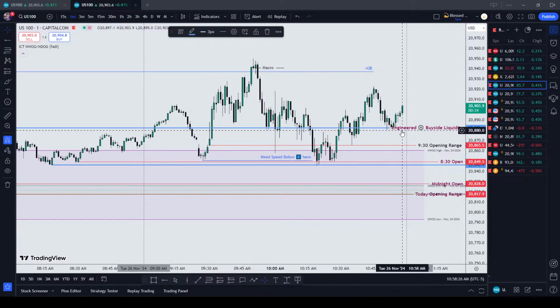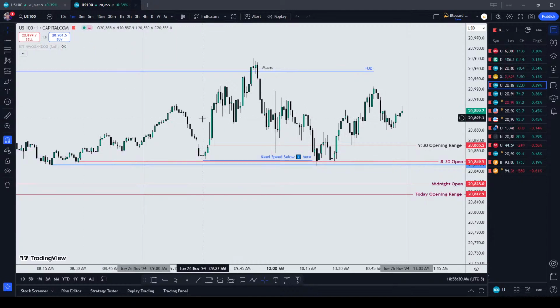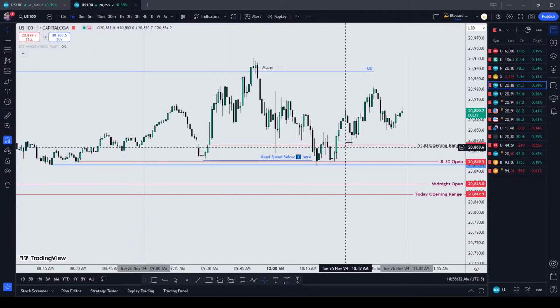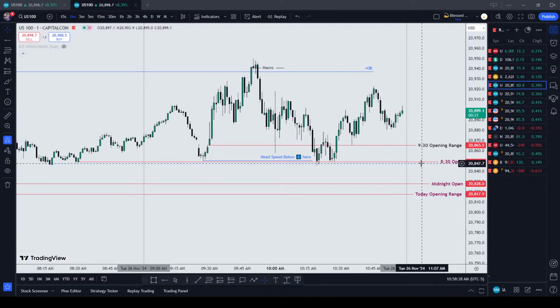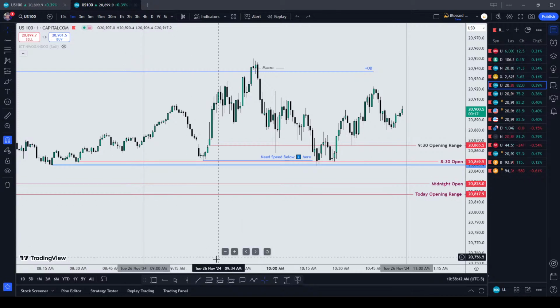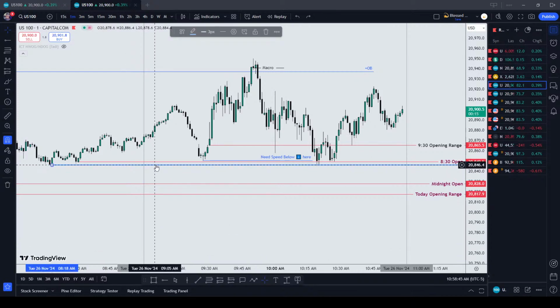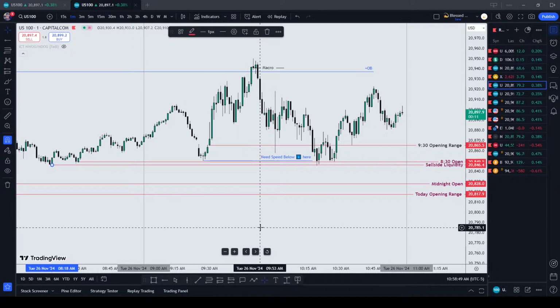Now let me clean up my charts. Let me clean up these charts. All this, let me clean them up. Control Z. Just mark this as a sell side liquidity pool.